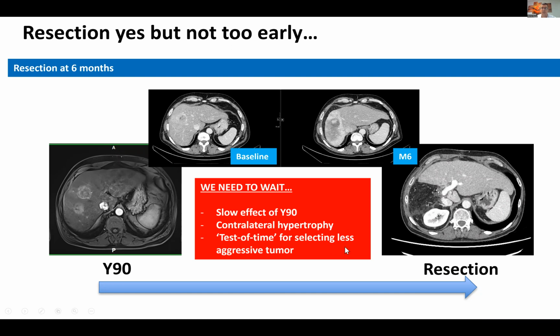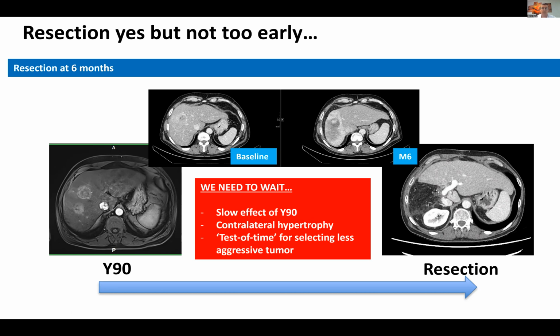And the last reason is probably, in my view, the most important one. We have a very interesting test of time, meaning that during this time needed to get the efficacy of Y90 and the contralateral hypertrophy, we have a close look at what happens in this part of the liver. Is there any new growing HCC nodule?